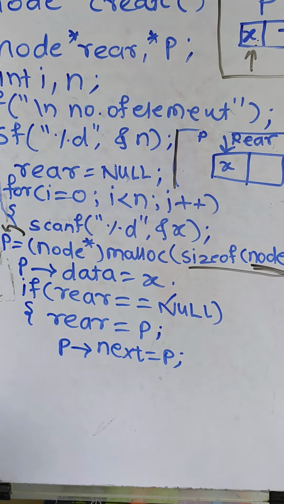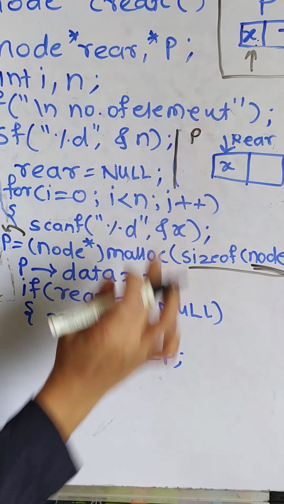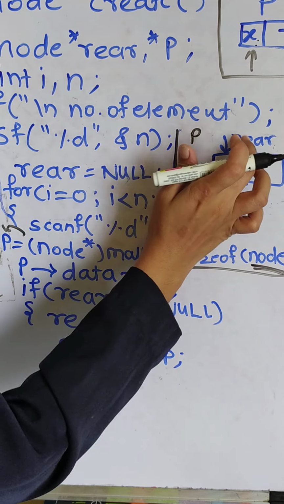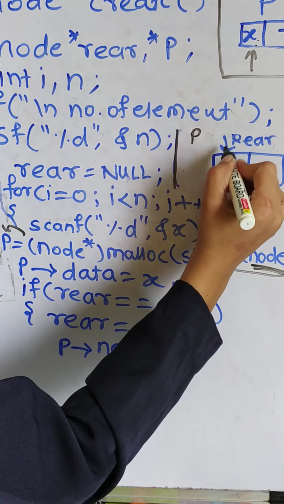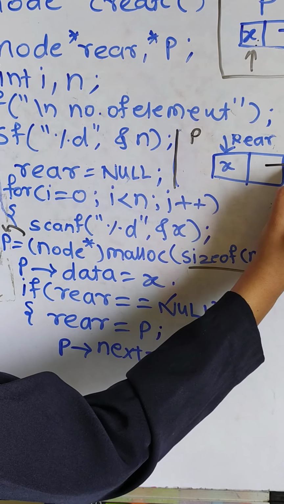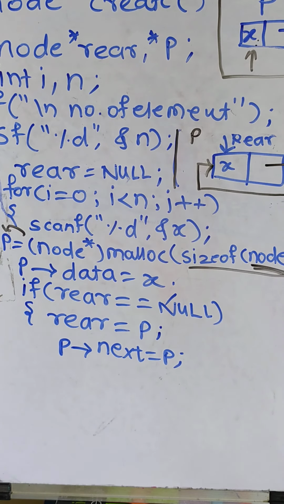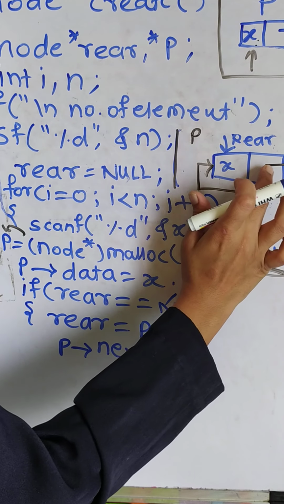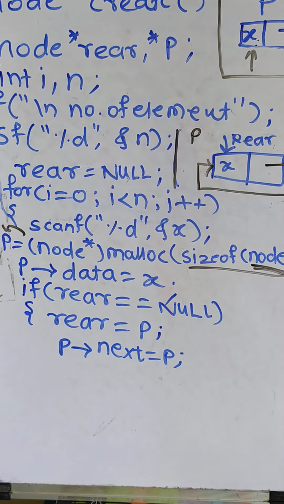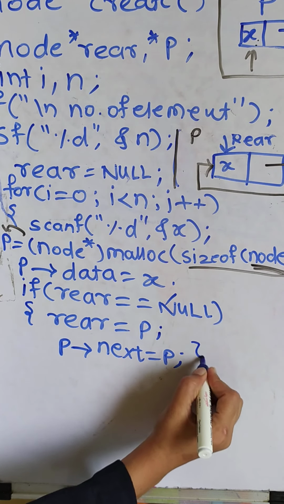The name of this node is p, but now here we are writing rear equals p, and now this p's next again points to this p, because we are creating a circular linked list. So that's why the end of this next pointer is pointing to here. Okay, see, close the bracket here.